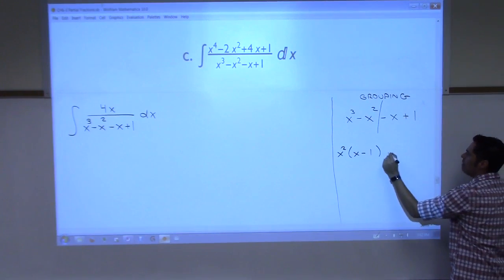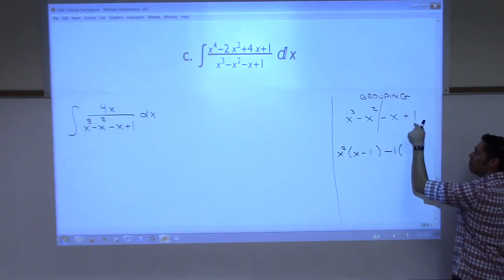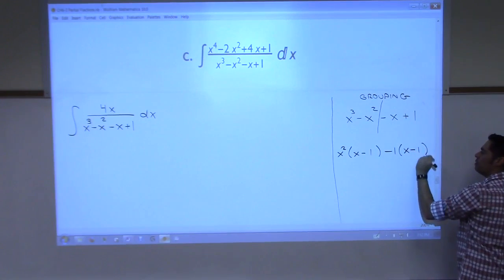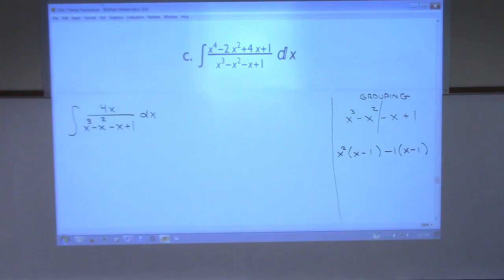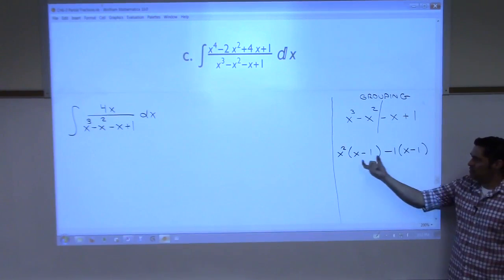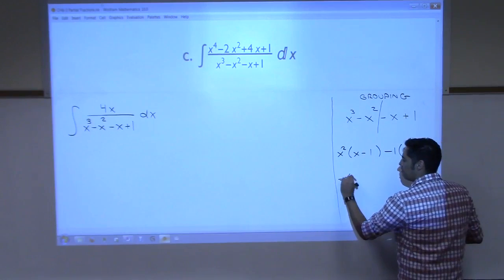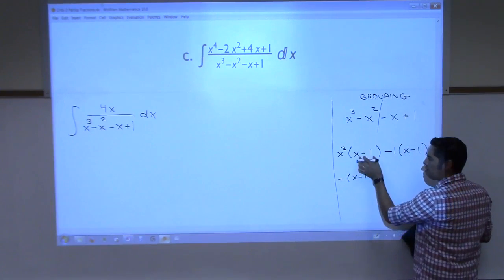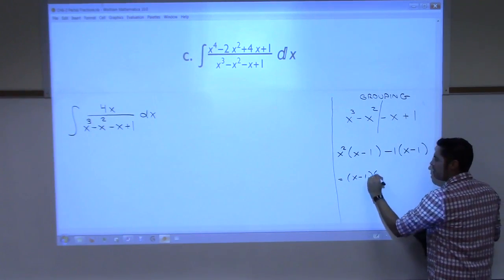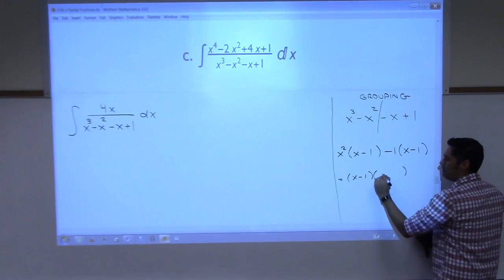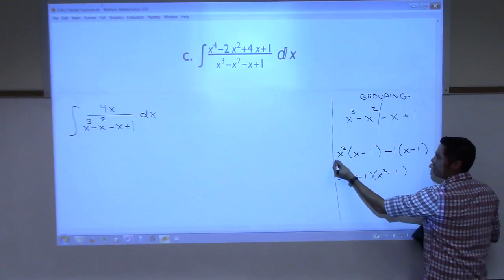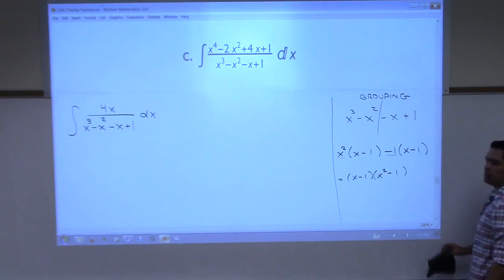So I take a negative 1 out of both of these, and I'll be left with x minus 1. Once you're here, if these two match, which they do, then your answer is x minus 1, what matches, and then times x squared minus 1, which is basically the coefficients out.